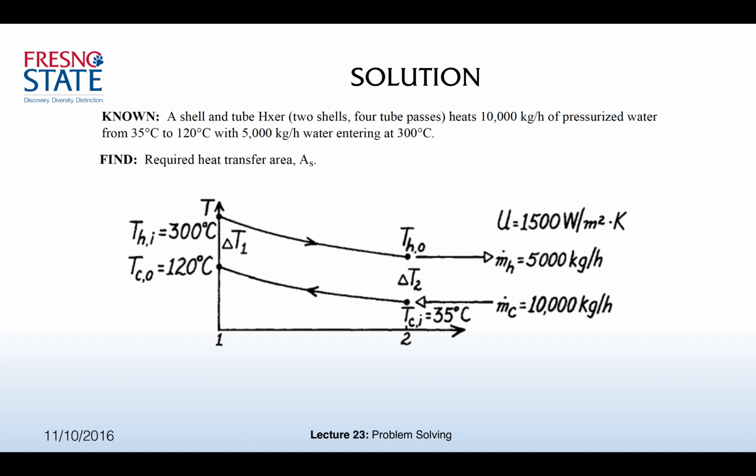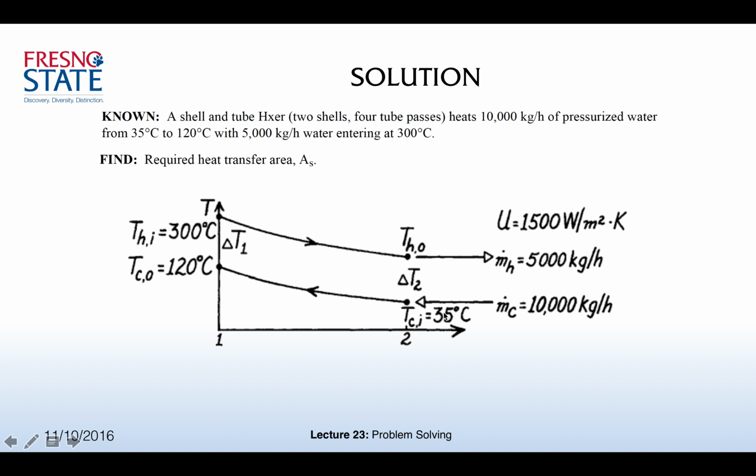We have this heat exchanger heating up 10,000 kilograms per hour of pressurized water. So that's the cold fluid, pressurized water. The mass flow rate for that is given, 10,000 kilograms per hour, from 35 degrees Celsius to 120 degrees Celsius.